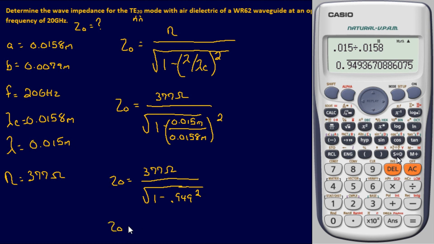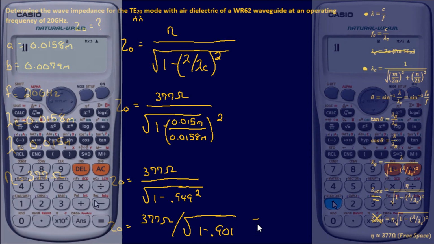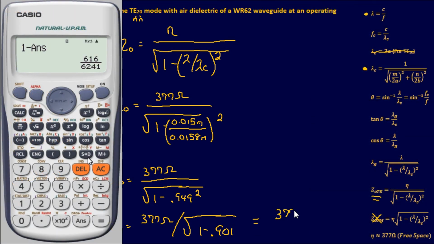And I think we can fit one more down here. 377 ohms over the square root of 1 minus 0.909. And that's an easy plug and chug in our calculator. It's going to give us 377 ohms again over the square root, and I'll round, 0.099. So little by little, I'm just working this down, that way you can see my math.